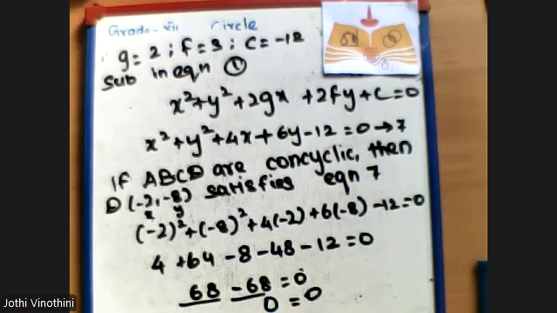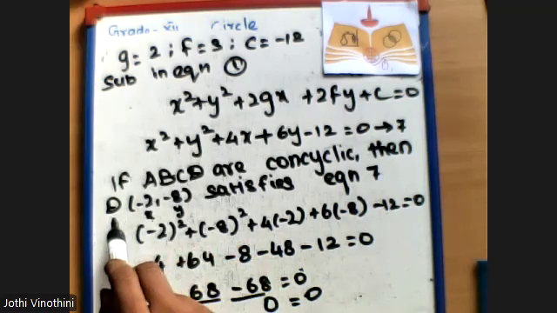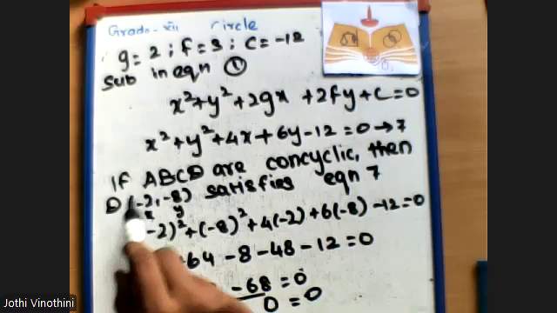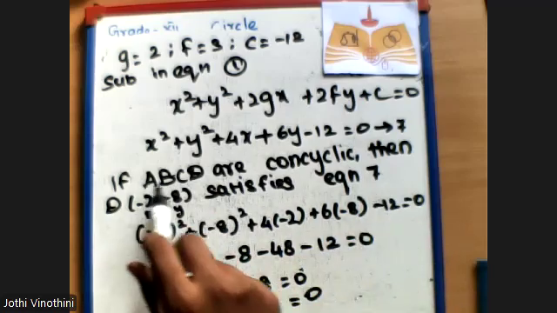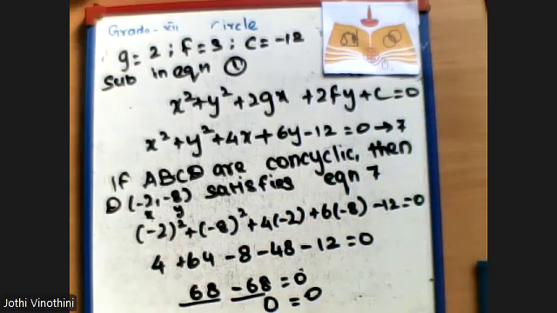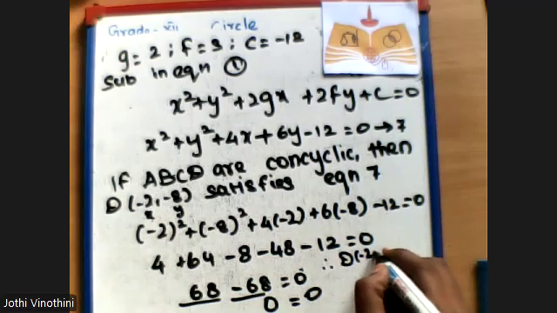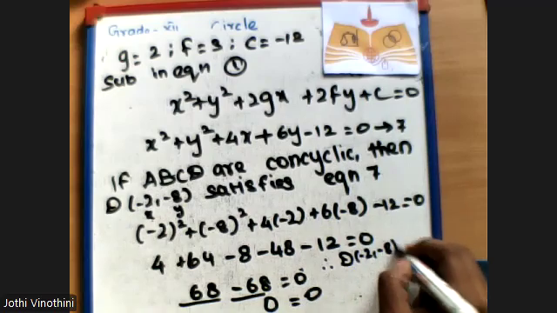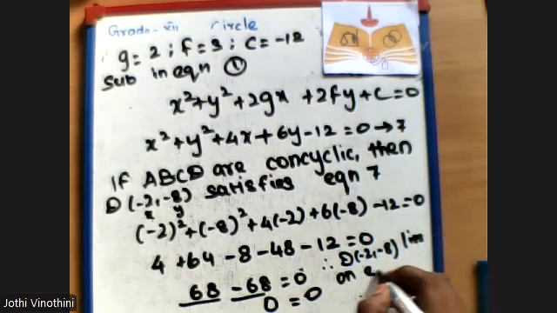Finally, what have we done? We have proved that the final point D also satisfies equation 7. So hence the 4 points are concyclic, right? From this we can write: D minus 2 comma minus 8 lies on equation 7.